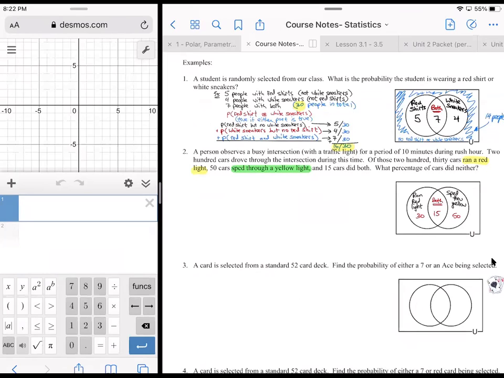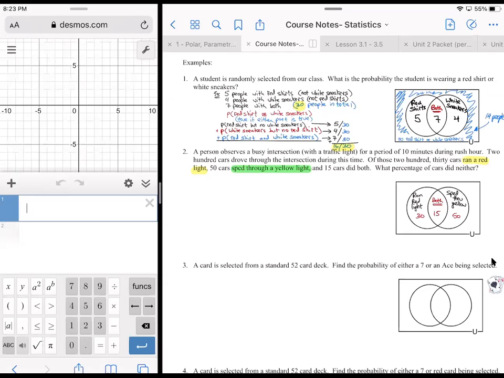So on a test I tend to be a little bit more specific, and I'll say of those 200, 30 cars ran the red light only. I'll throw the word only in there to make it absolutely clear. But for problems in a lesson, it's not really that big of a deal, right?